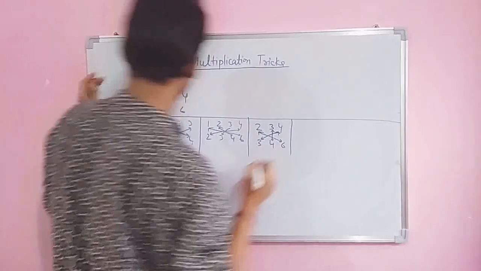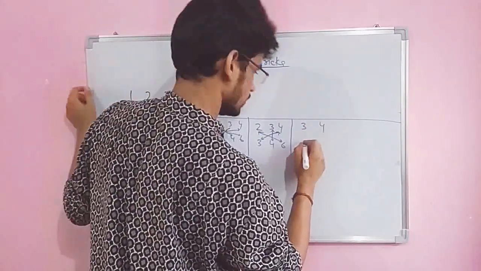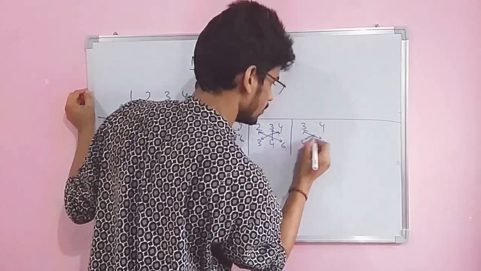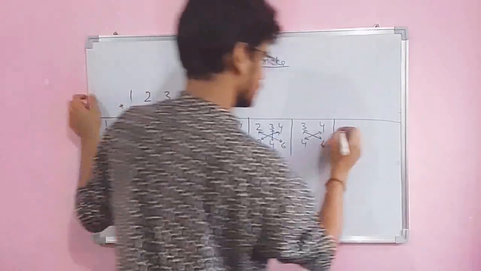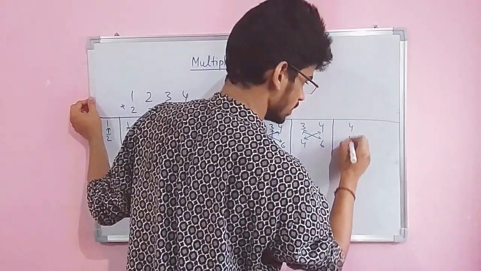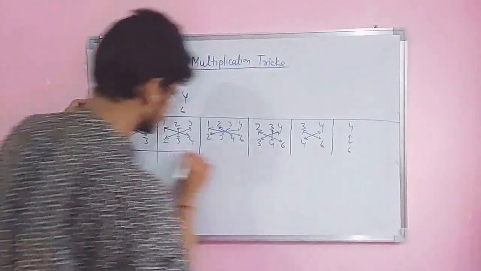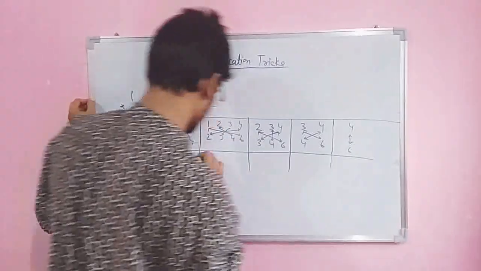Next is 3 4 and 4 6, cross multiply. Next is 4 multiplied by 6, that is how much?